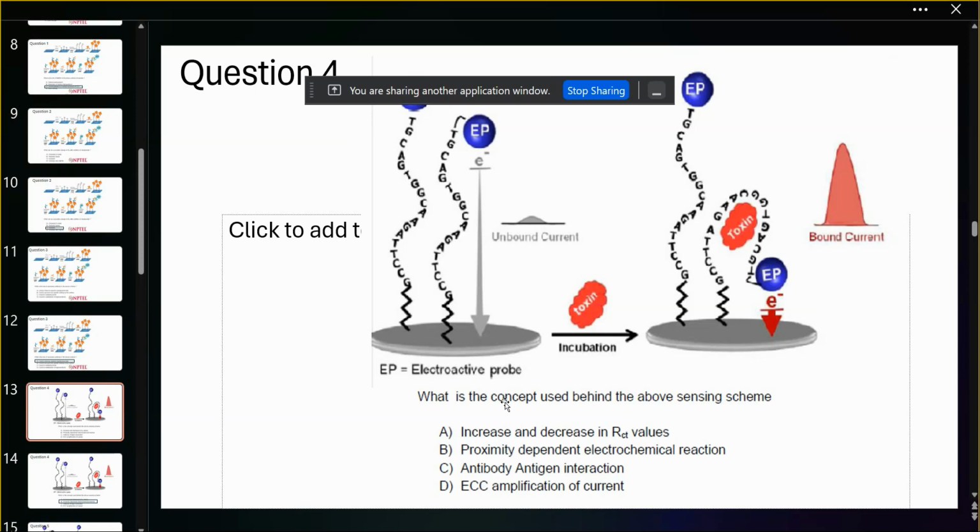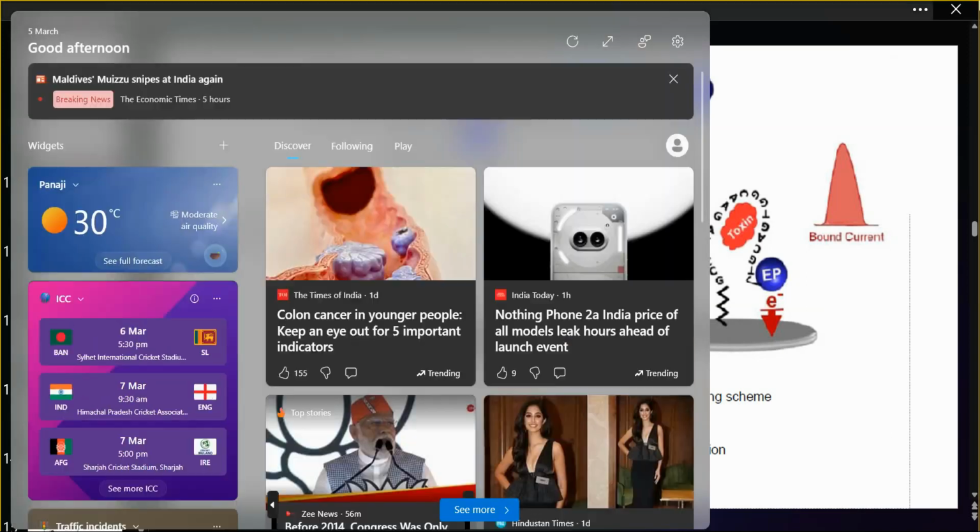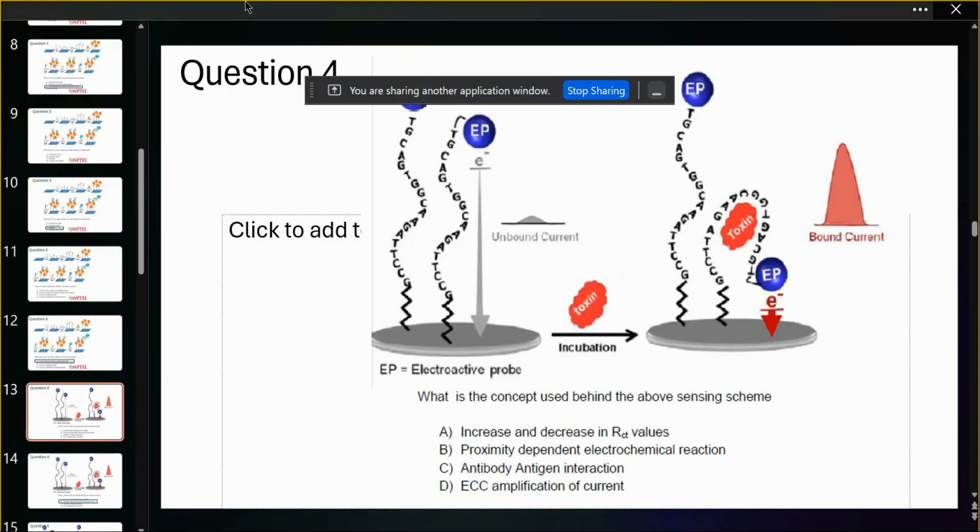So now the first option is increase and decrease in the RCT values, and the other is the proximity dependent electrochemical reaction. It is very easy to confuse between both of them.